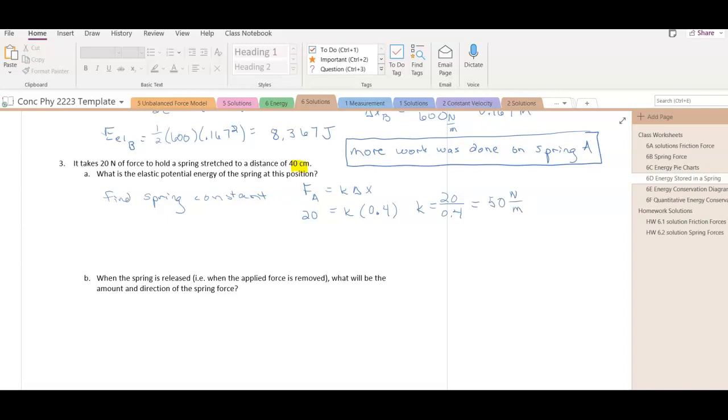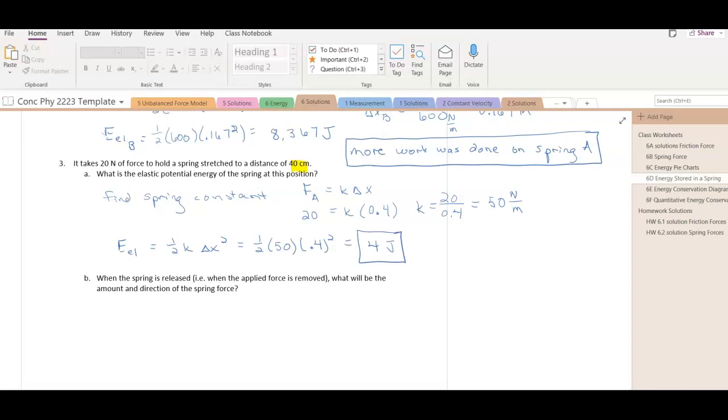Okay, then what is the elastic potential energy of the spring at that position? Well, the elastic potential energy is half of the spring constant times the displacement squared. So I have half of 50 times the 0.4 squared. So that would be 4 joules.